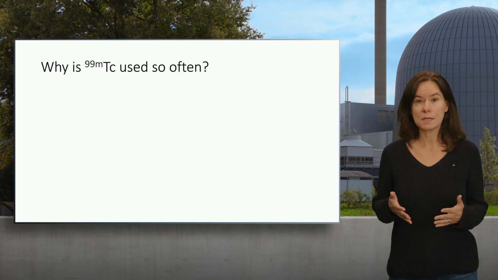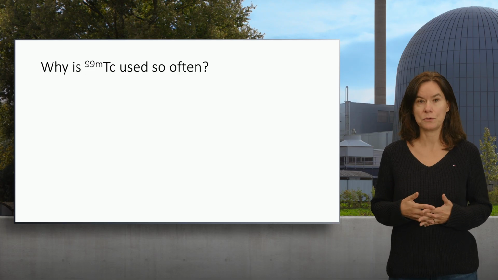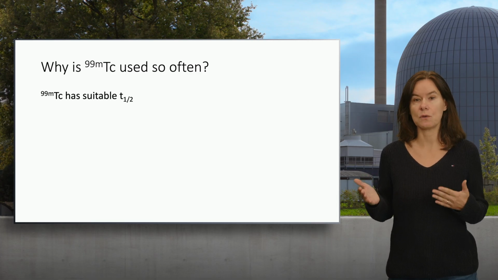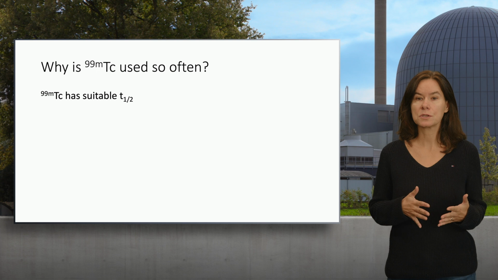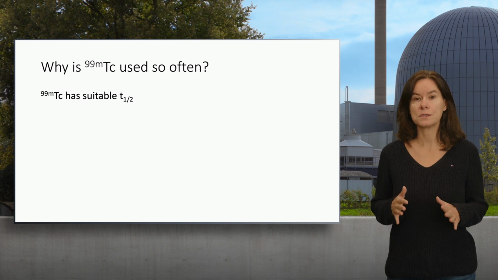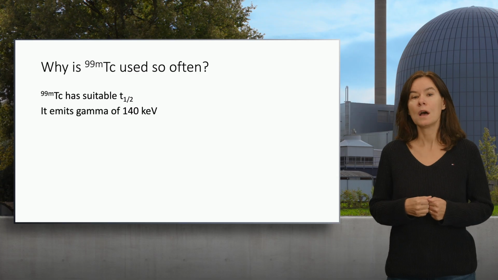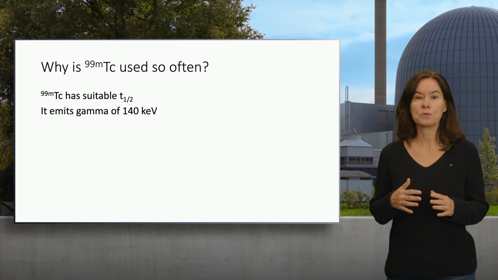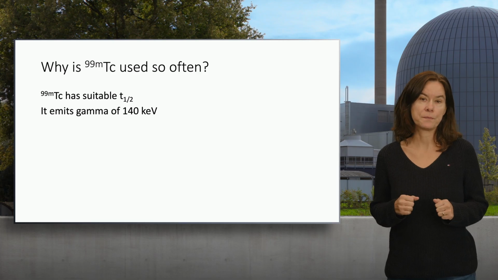But why is technetium-99m the most often applied radionuclide? First, it has a very suitable half-life of 6 hours, which allows obtaining a diagnostic scan without inducing unnecessary damage to the patient. Second, it emits a gamma of 140 keV, which is perfect for detection, allowing to obtain high-quality images.